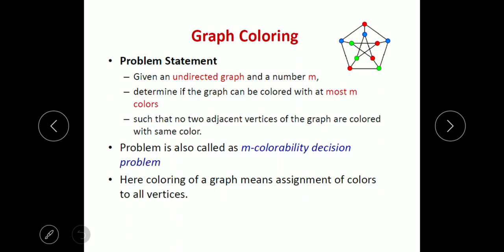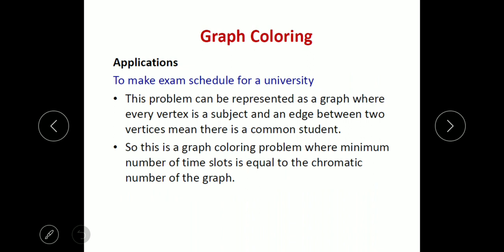Here, coloring of a graph means assignment of colors to all the vertices. The M colorability optimization problem asks for the smallest integer M for which the graph can be colored, and this smallest integer M we call the chromatic number of the graph.